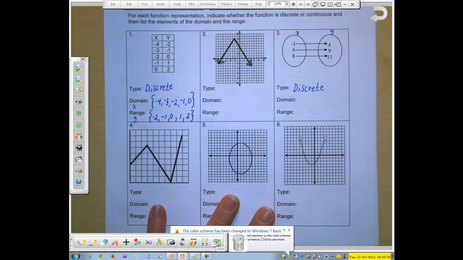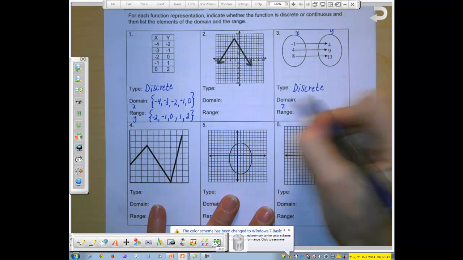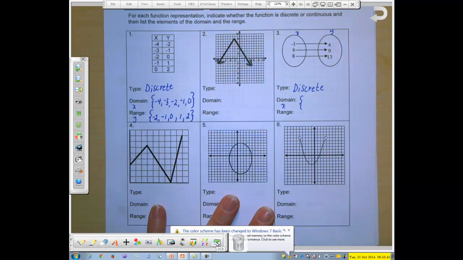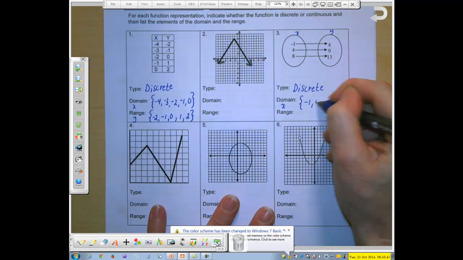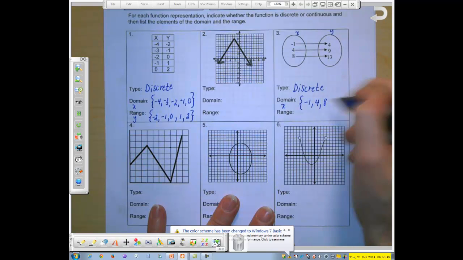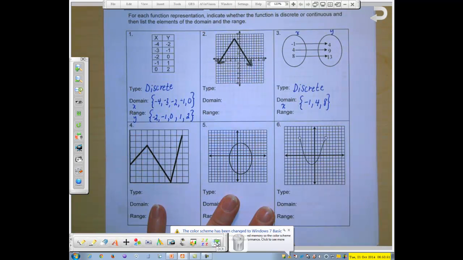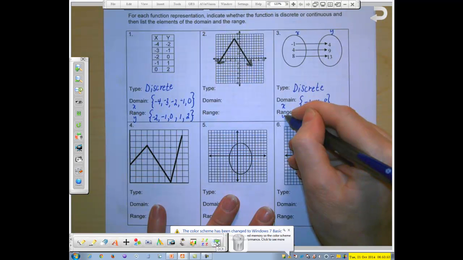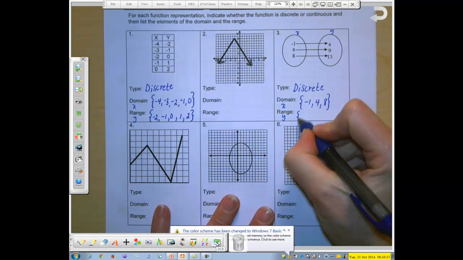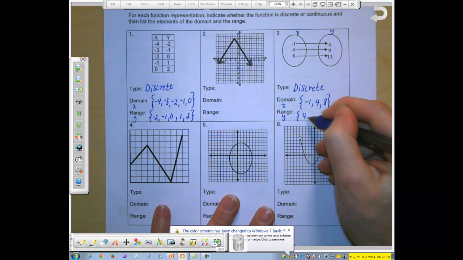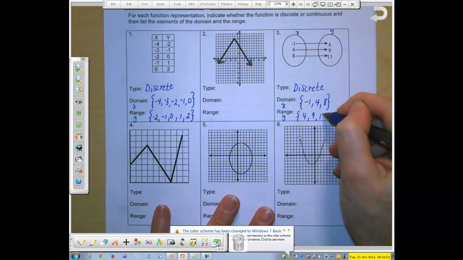The domain is all of the x values, so we're going to list the 3 x values in set notation: negative 1, 4, 8. Range is y values, so we'll list all of the y values in set notation: 4, 9, and 13.